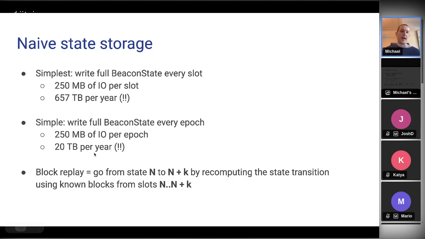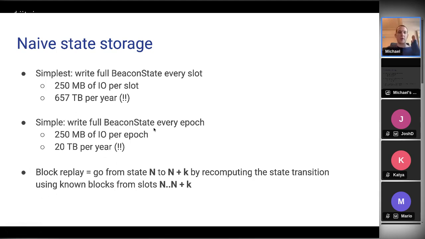This is still important to think about, because we do end up using an idea that's kind of like this, because we still use the concept of block replay. If we only have one state from each epoch, the question is, how do you get to those states that are in the middle of the epoch?